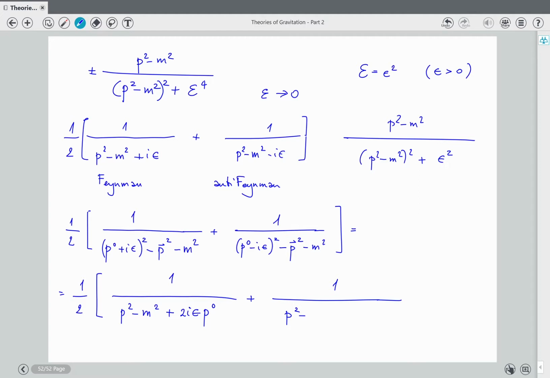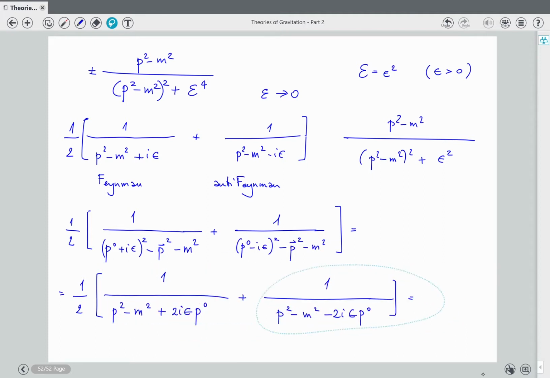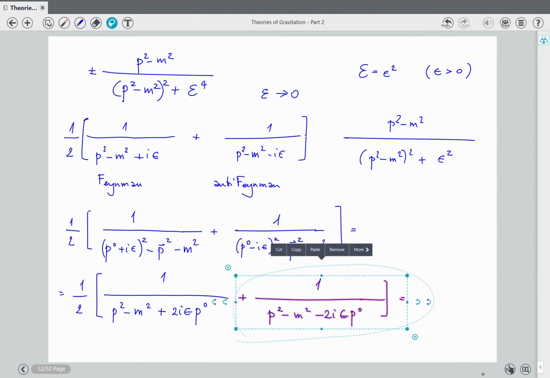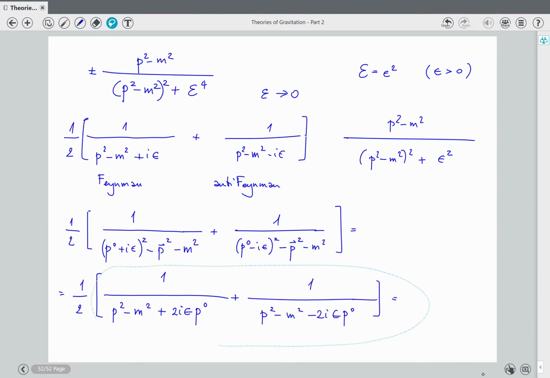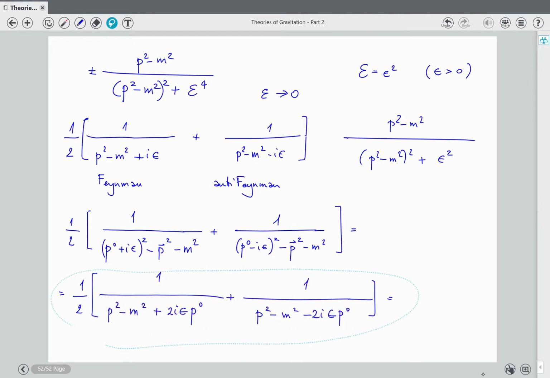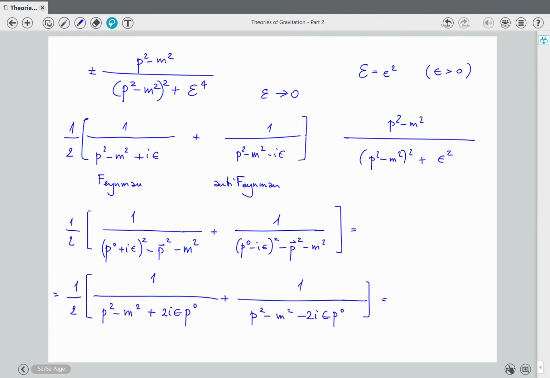And here you have p squared minus m squared minus 2I epsilon p0, and when you compute that, what do you get? 1 divided by p squared minus m squared plus 4 epsilon squared p0 squared, and above you get p squared minus m squared.